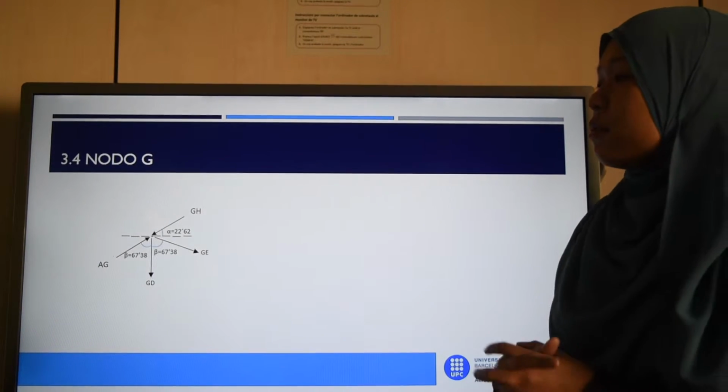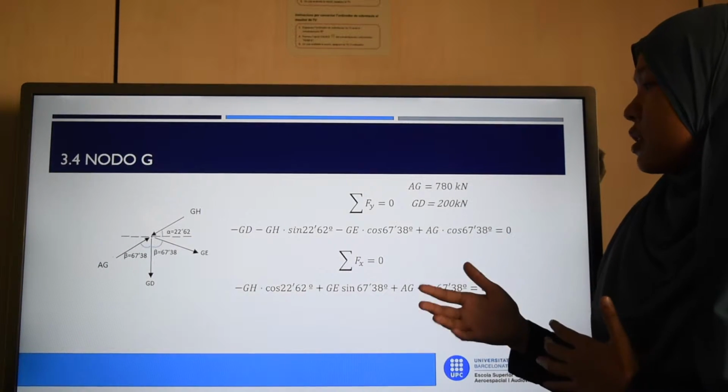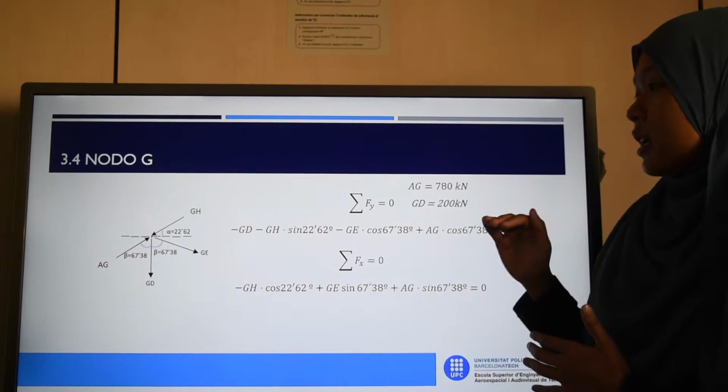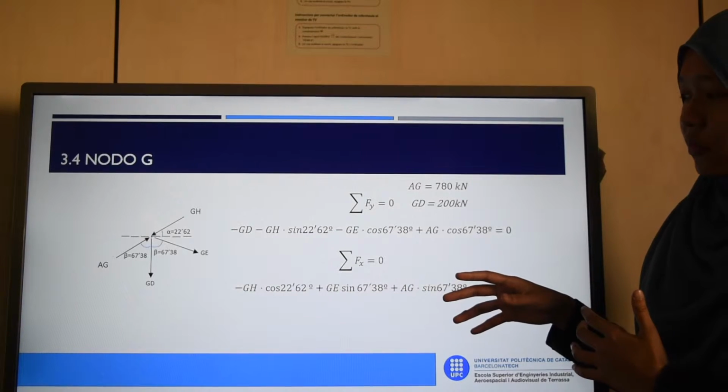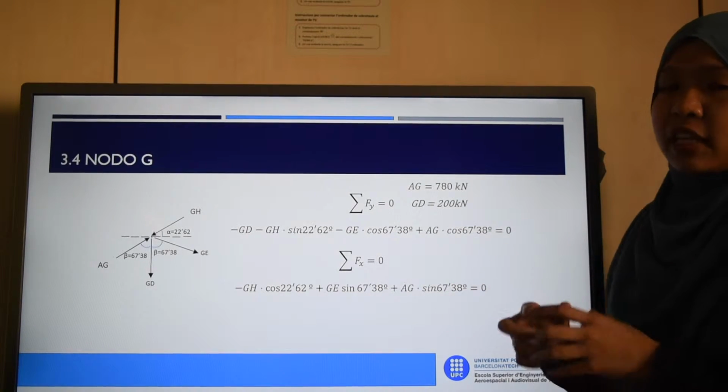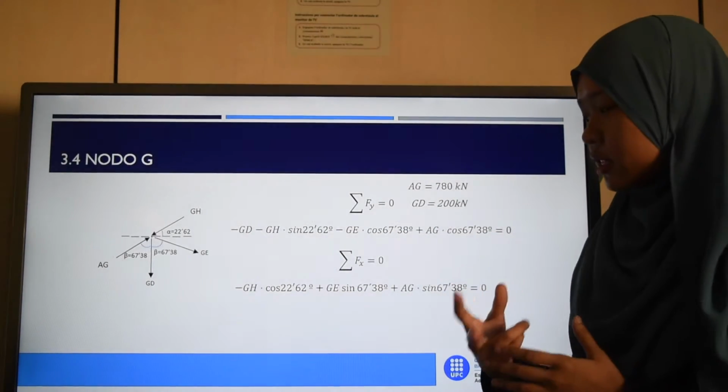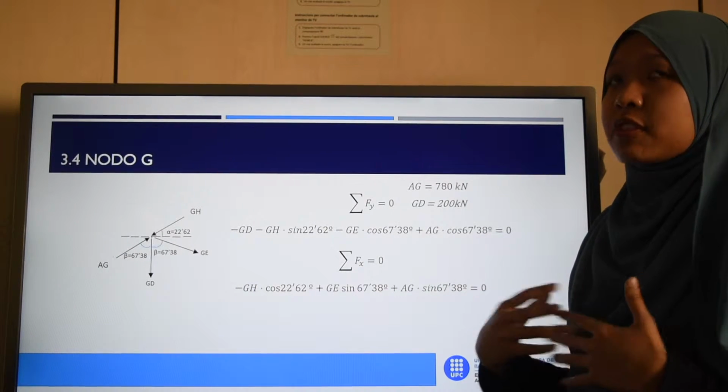Now, by doing the summation of forces on the vertical axis and the horizontal axis, we can find our unknown forces. But since we have two unknown forces, we cannot find them directly.